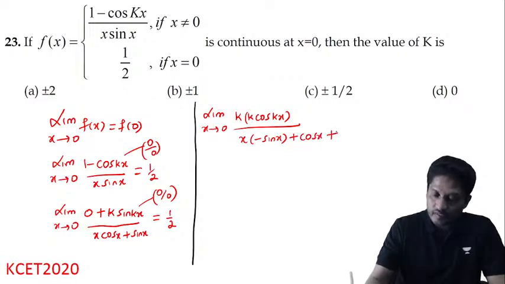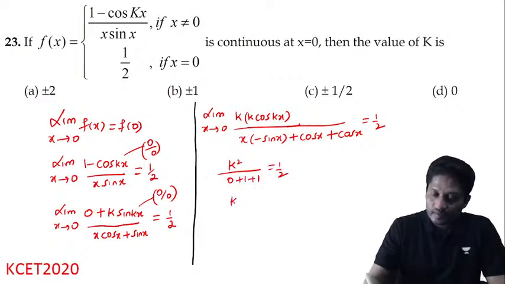Differentiation of x is 1, and differentiation of sin x is cos x, equal to 1 by 2. Now as x tends to 0, you get k square over 0 plus 1 plus 1 is equal to 1 by 2. So k square by 2 is equal to half. K square is 1, right? So k is equal to plus minus 1. Answer is option B.